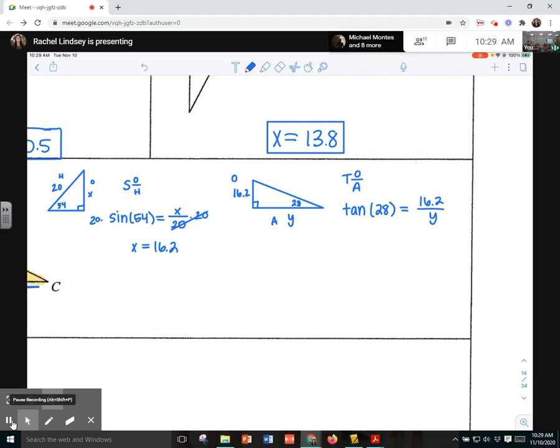So since y is on the bottom, got to switch the tangent and the y. So I have y equals 16.2 over tangent 28. Then I can solve for y by putting it in the calculator. When you plug it in, you should get 30.5.